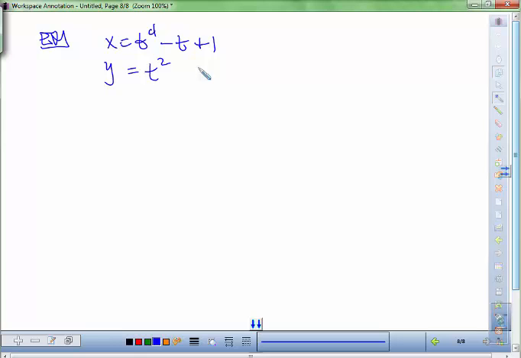And let's find an equation of a tangent line at t is equal to 2.